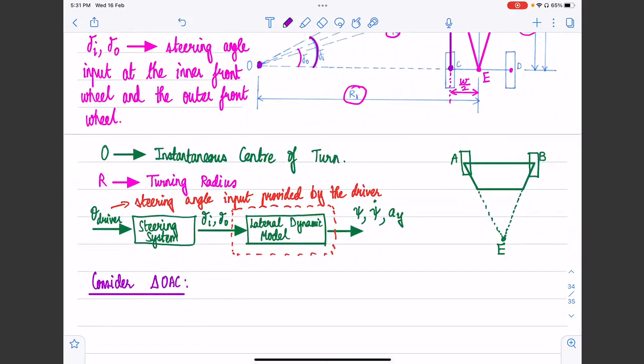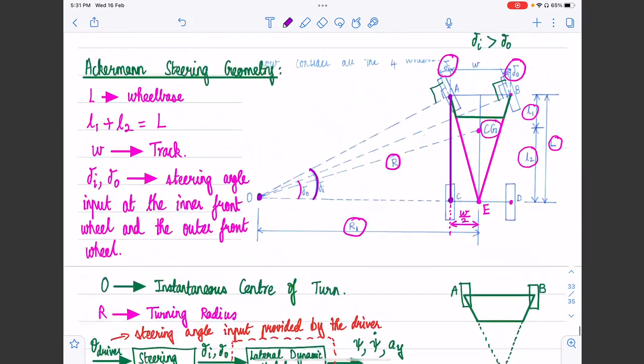Consider triangle OAC. Consequently, tan of delta I will be equal to AC divided by OC. All of us can agree that the length of this line segment AC is capital L, the wheelbase. OC is going to be this length, which is OE minus CE, and OE is capital R1, CE is W by 2.